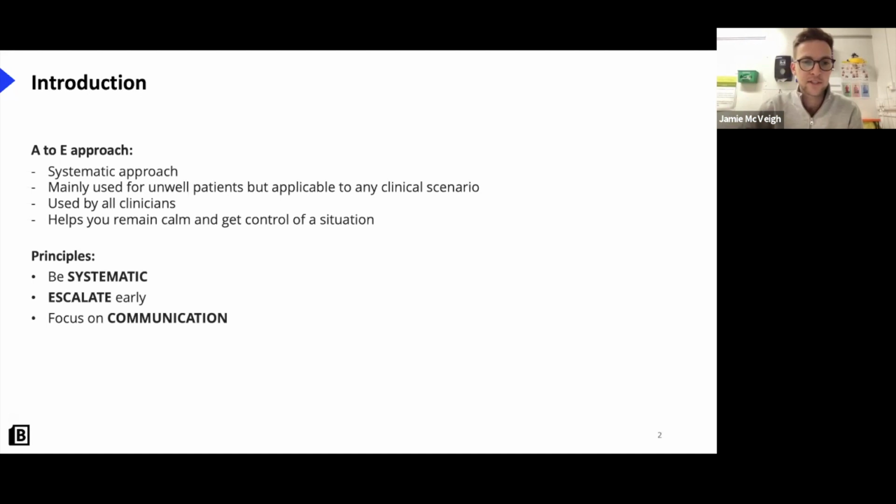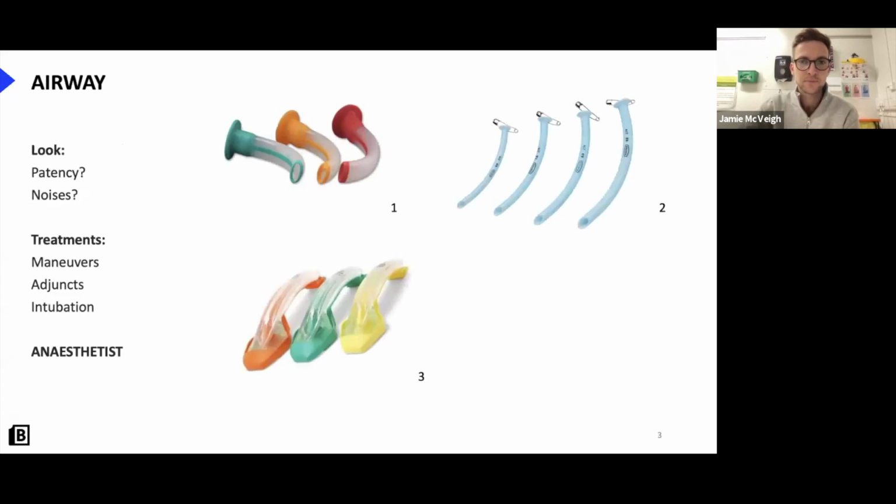And again, emphasis on communication, both with fellow medics that might be around, fellow doctors, but also the nursing staff on the ward. Clear communication as to what the patient needs quickly is absolutely vital.